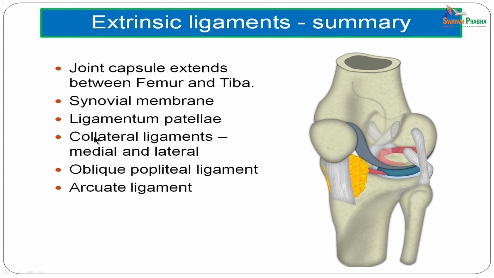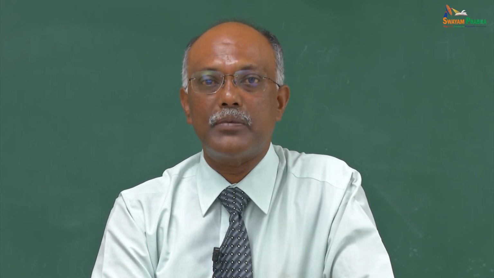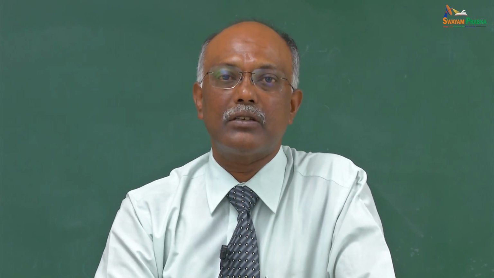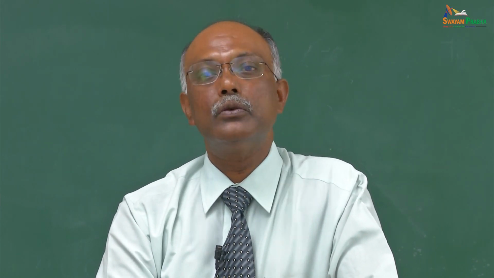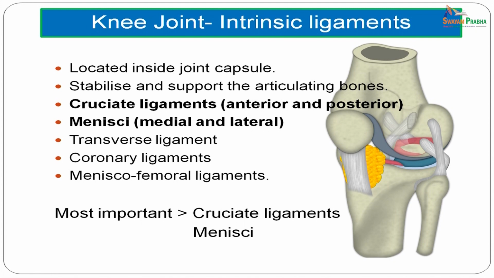We have seen that the two collateral ligaments, the medial collateral ligament and the lateral collateral ligament, strengthen and reinforce the lateral aspect of the joint capsule. And there are two ligaments which reinforce the posterior aspect of the joint capsule, which include the oblique popliteal ligament and the arcuate ligament.